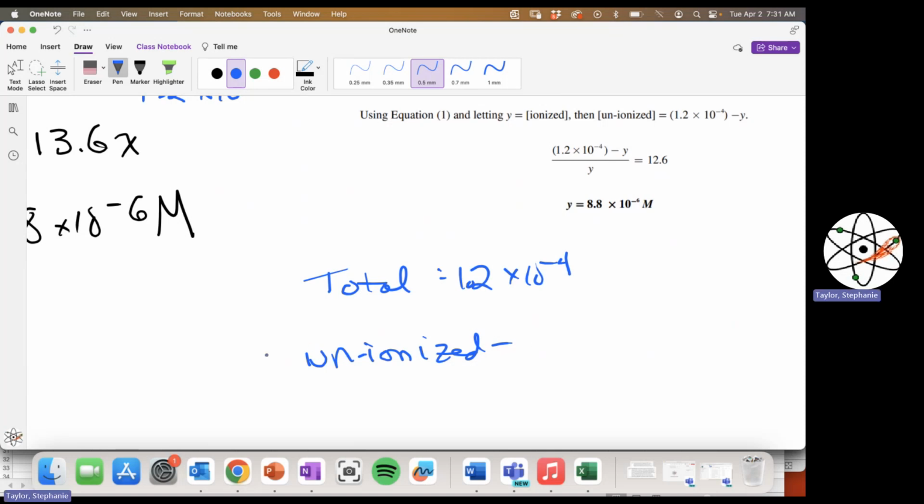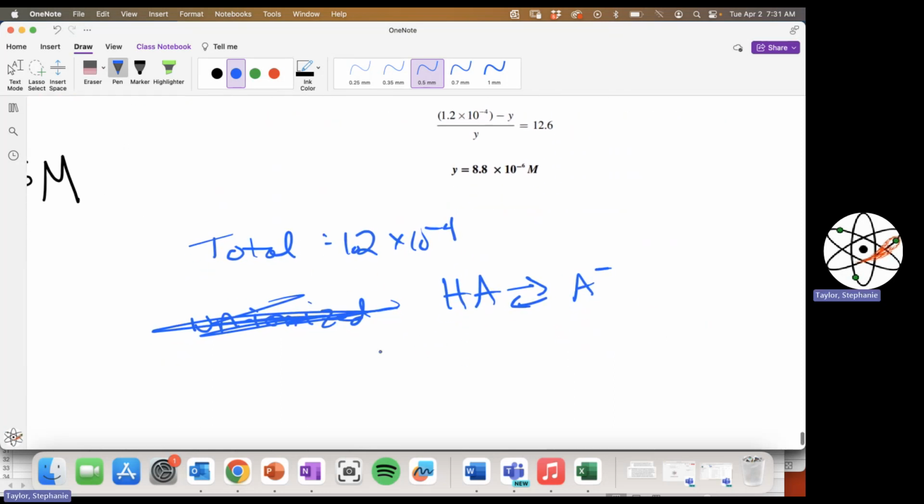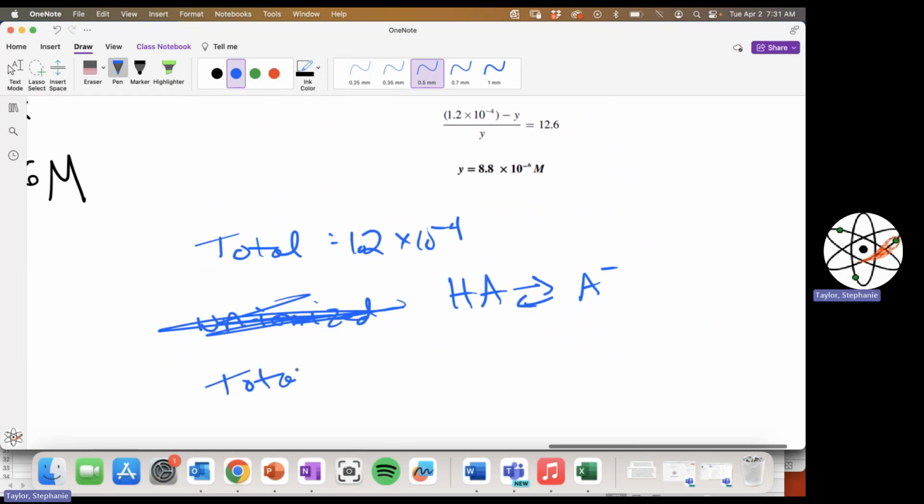The total is everything. So the total would be equal to, or in this case, the unionized plus the ionized is equal to the total.